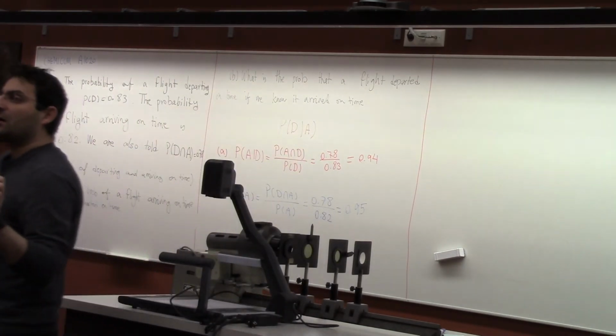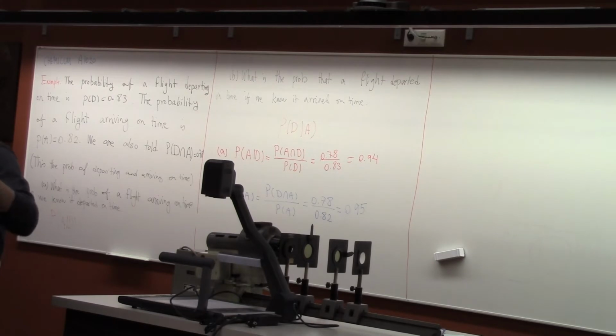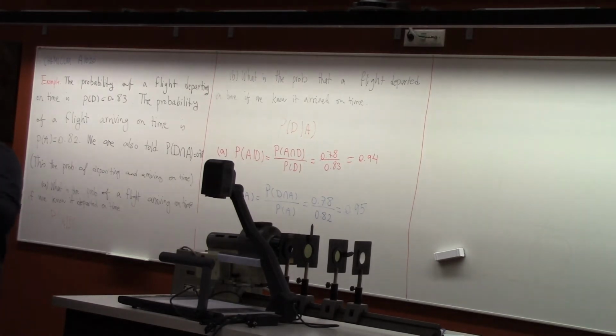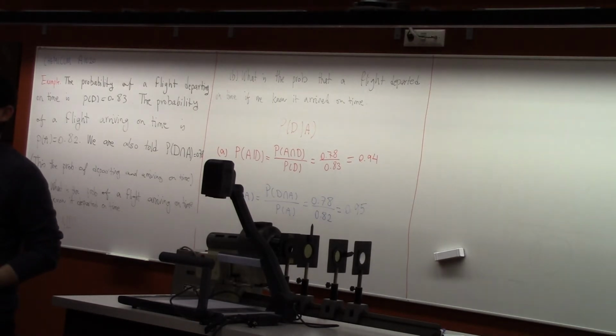So this is a conditional probability. Now, the question is this: if Thin Air is departing on time, or if it delays, will it affect me choosing this shirt? No.